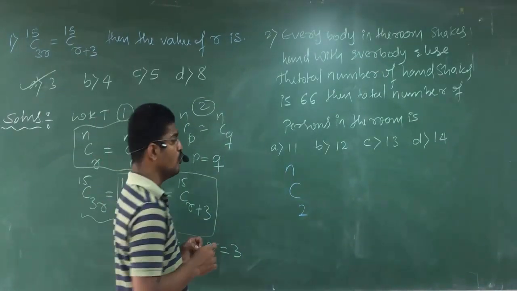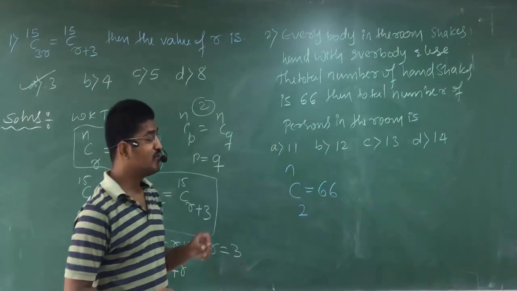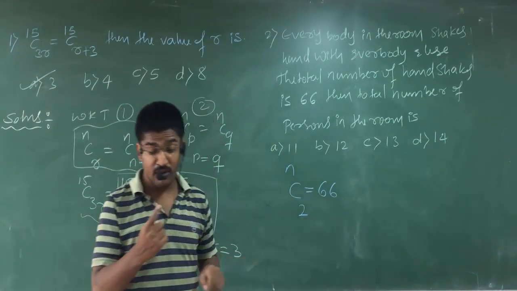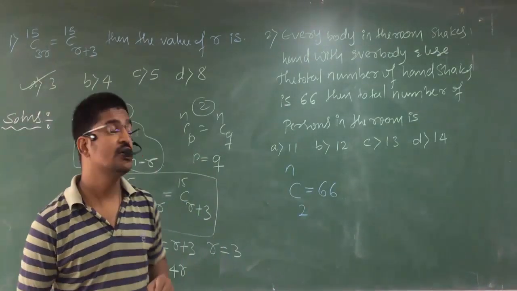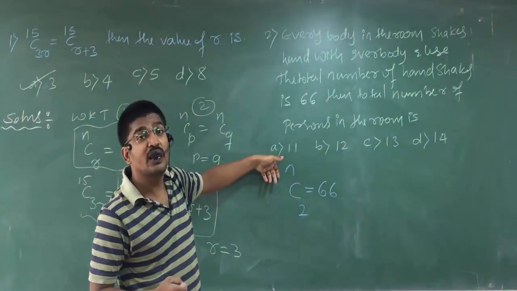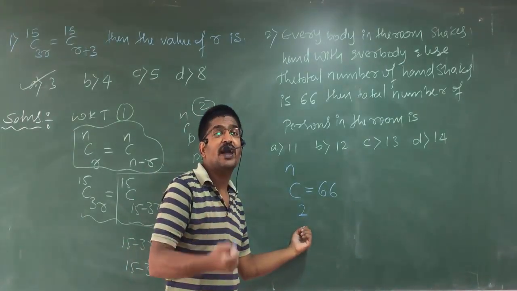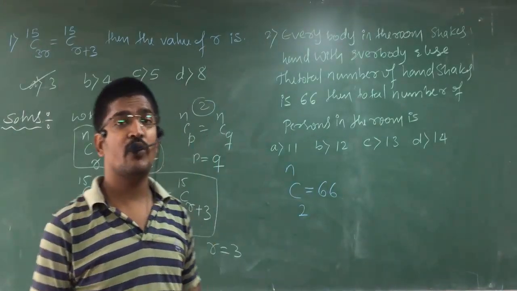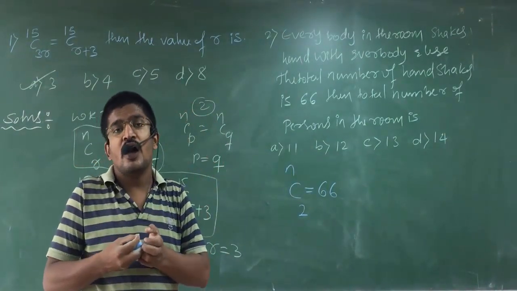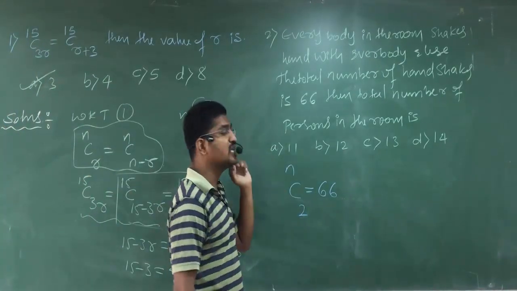So nC2, the total number of handshakes, is 66. Then what is n? From n number of people, I am taking 2 to complete my handshake. From n we choose 2 and the total we get is 66. Now we shall find what is n.